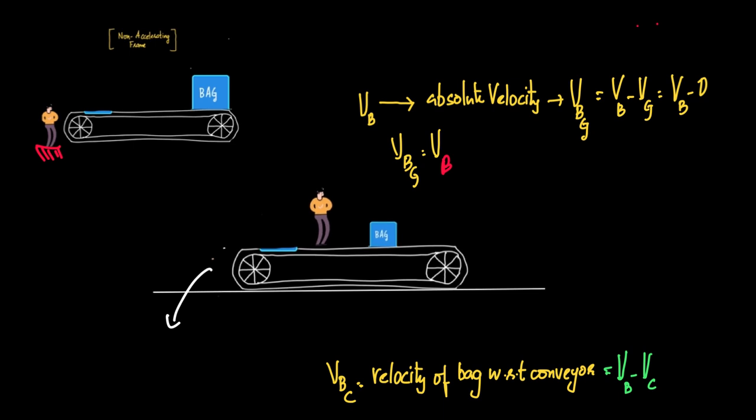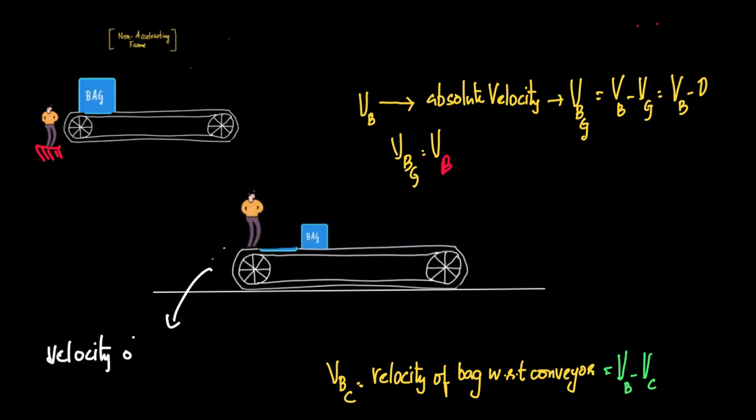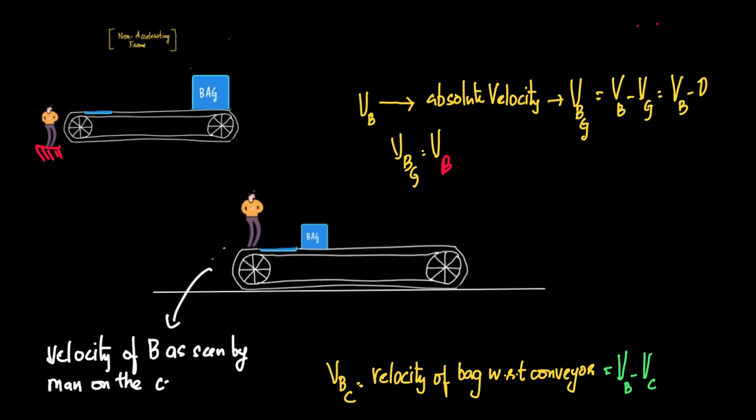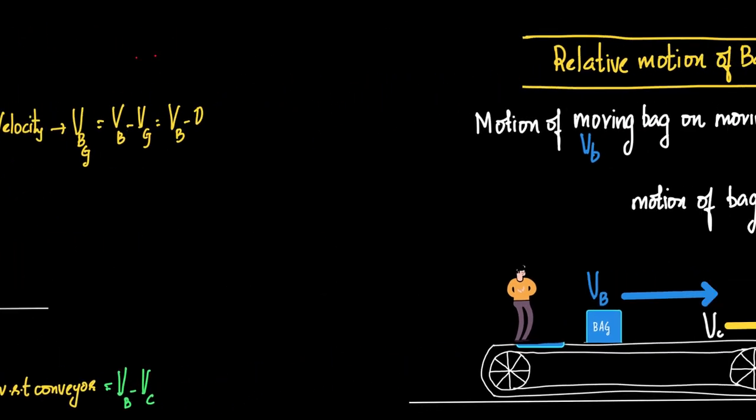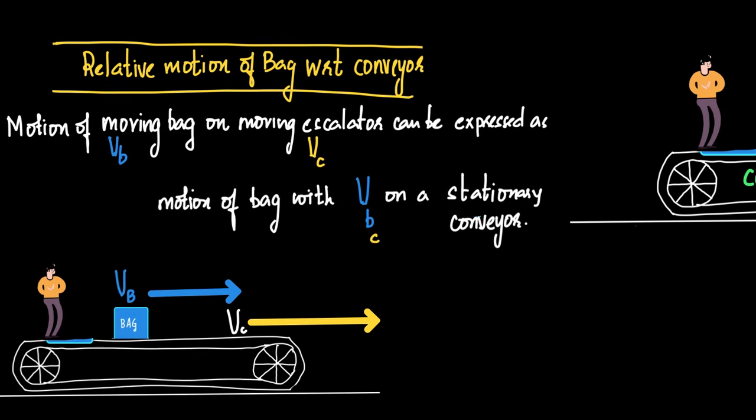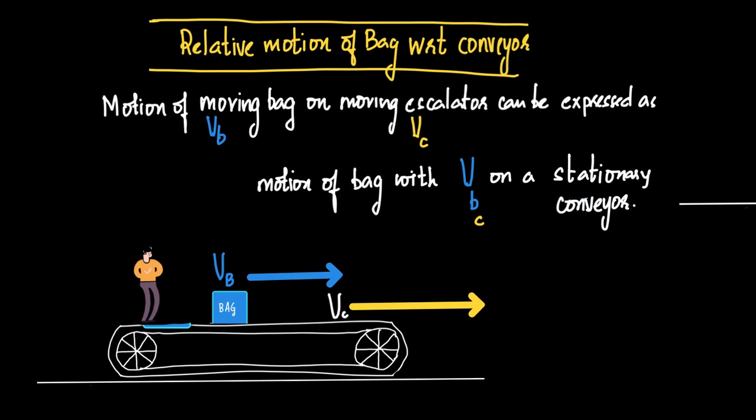This represents the velocity of the bag as seen by the man on the conveyor. Right. See, this portion here is very important to understand the inertial frame of study here.